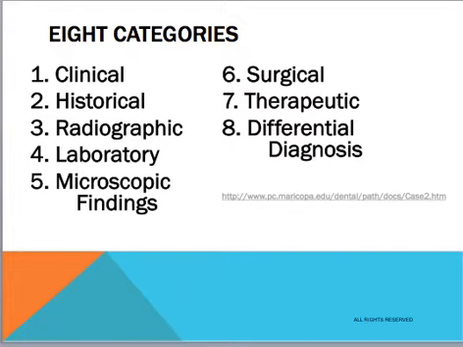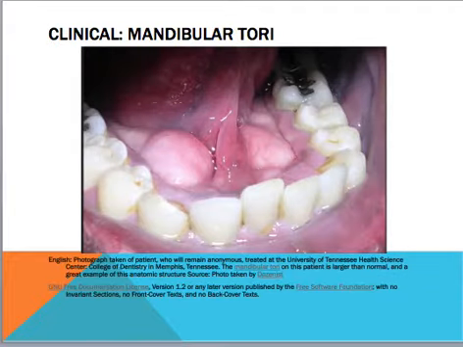Differential diagnosis is the last category, and that involves a short list of the most likely possibilities that a condition or lesion could be. The first category we're going to explore is clinical diagnosis.